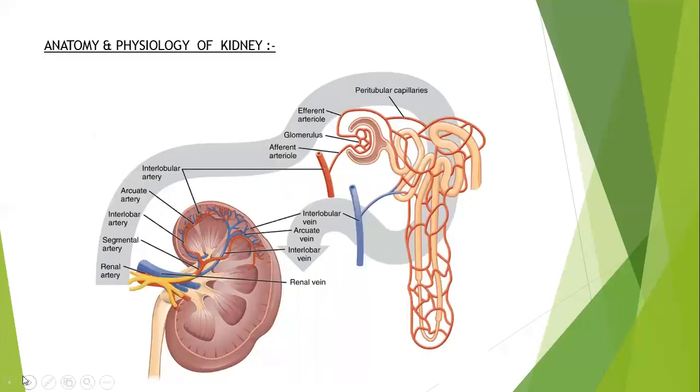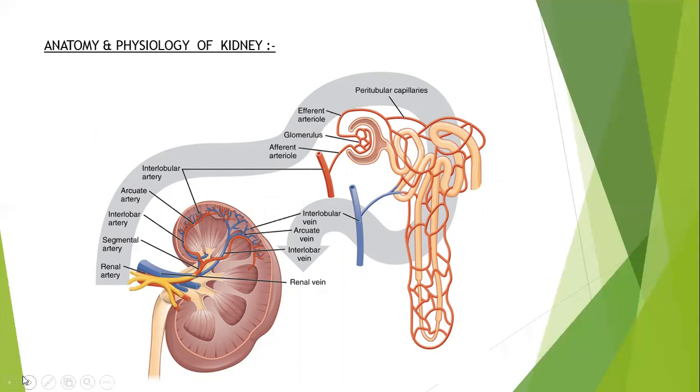So this is the anatomy and physiology of a kidney, where we can see a kidney with a lot of nephrons. So what is a nephron basically? The nephron is the structural and functional unit of the kidney. With aging, the number of nephrons keeps declining and degenerating.